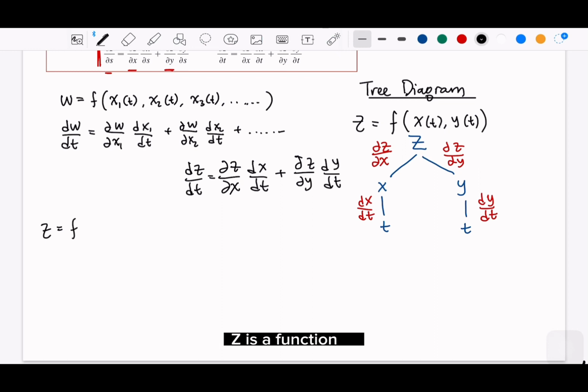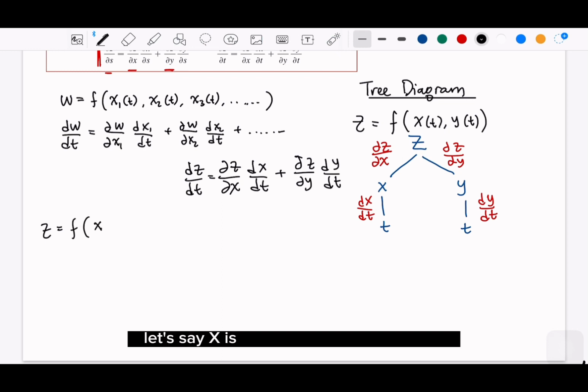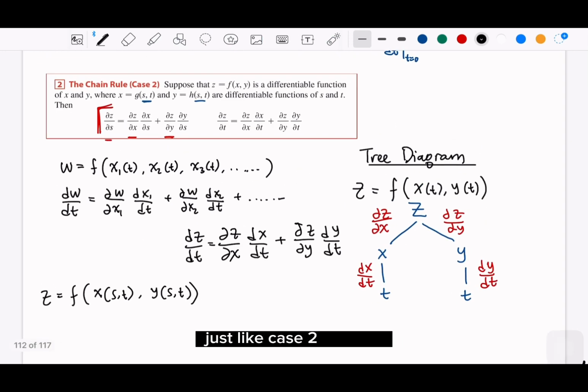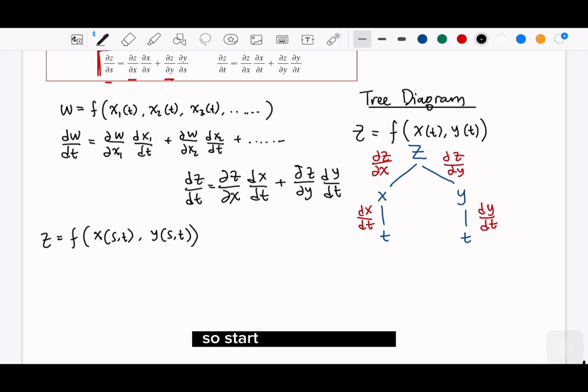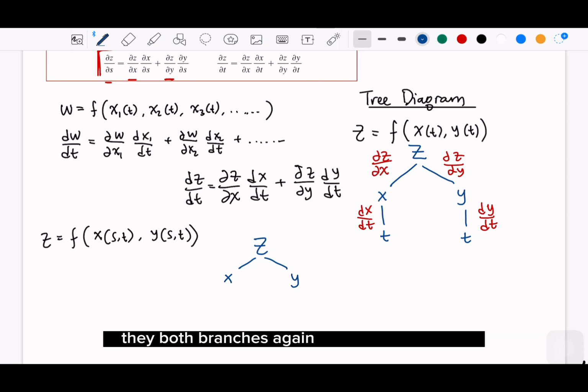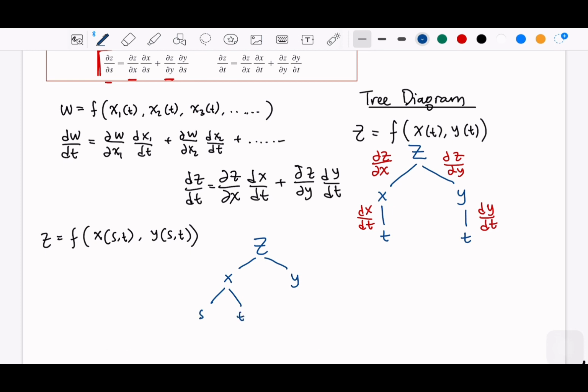Z is a function of x and y, where each is having two variables, just like case 2. So start with z at the top, and then it branches into two, x and y. And then x and y both branch again into two variables, as t. This is also t.